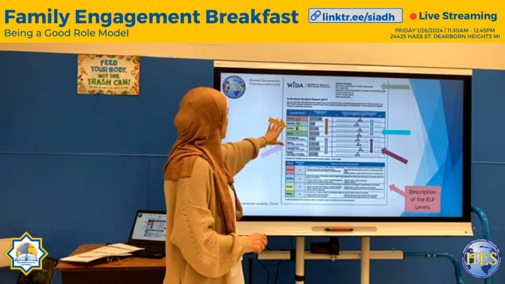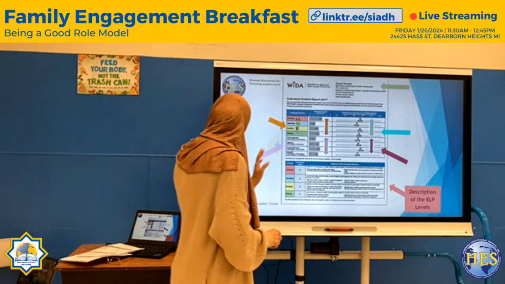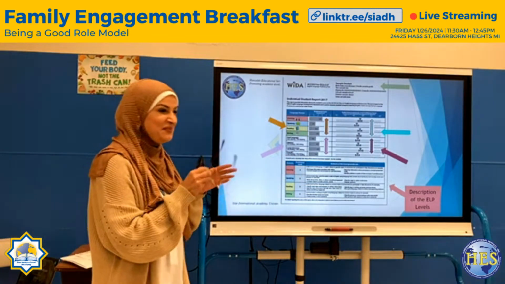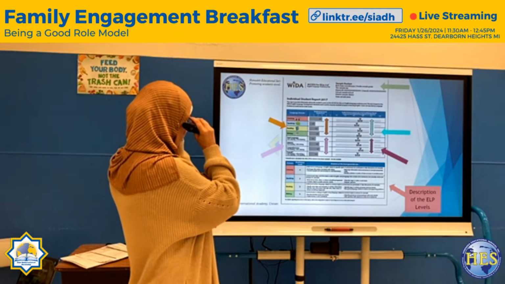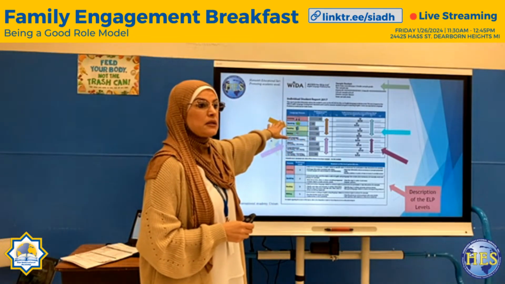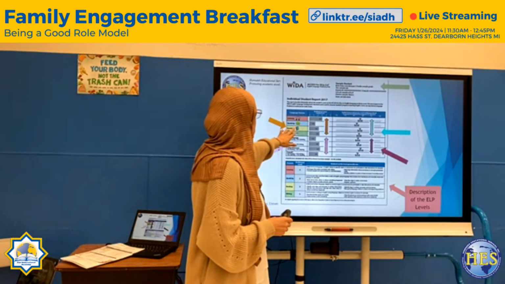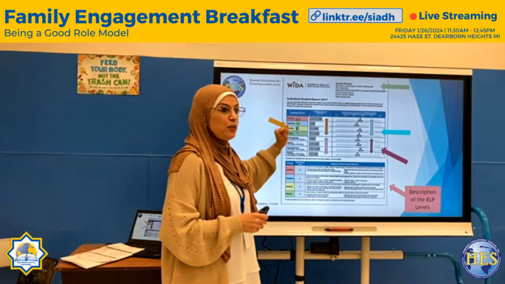So, for example, listening is 4.0. I need to put my glasses on now. For listening, 4.0 means he does not exit from listening. Speaking, 2.2. Reading, 3.4. Writing, 3.5.